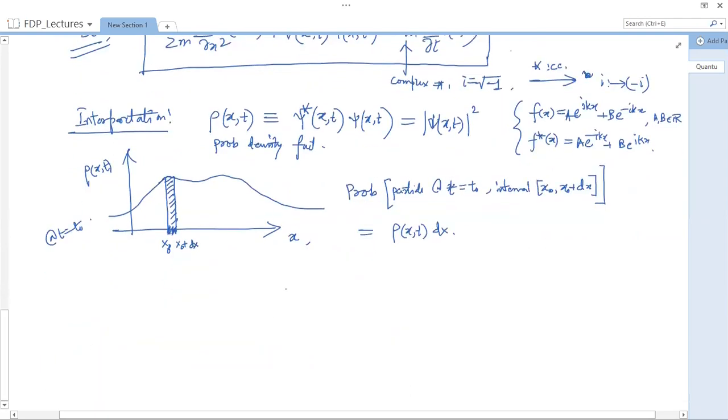And since the probability of finding the particle anywhere, at time t equal to t naught with x from minus infinity to plus infinity, is always 1, the area under the curve must be 1.